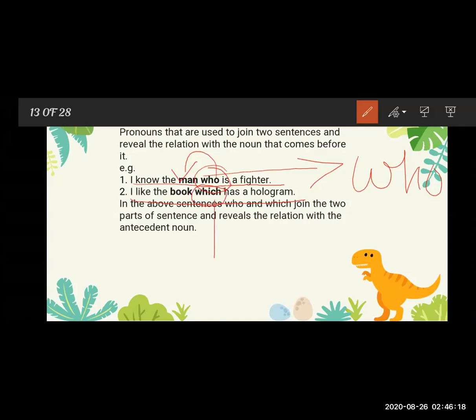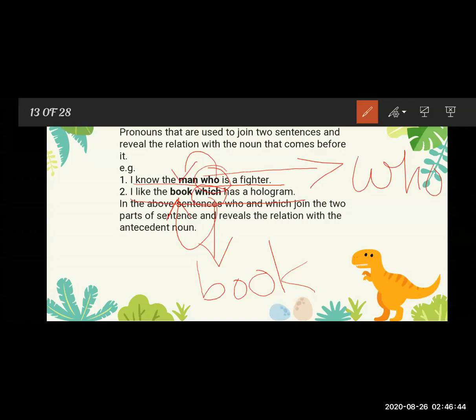So here which is also that book. I like the book, but which book? The book which has a hologram. So which is indicating the book and showing the relation with that book.